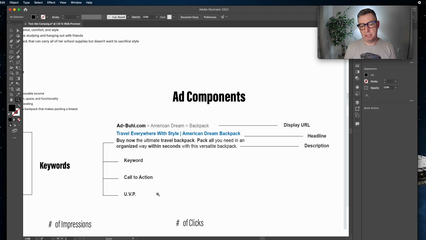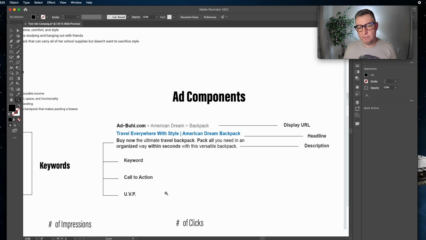And the unique value proposition, as I mentioned before, is any element that will make it easier for your customer to understand why they should go with you and not with your competitors. What are those elements that set you apart and make your product more attractive?